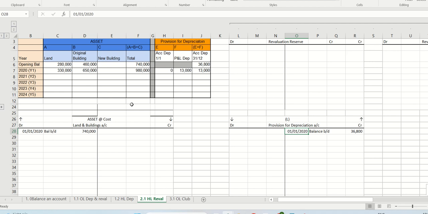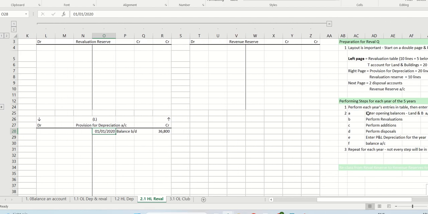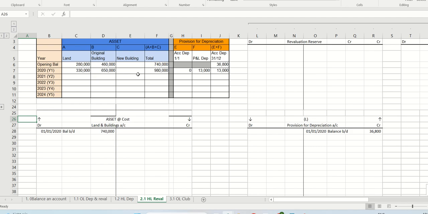Okay, so following our steps now, guys, we entered our opening balances for land and buildings. We're going to perform the revaluation now. So the value of the properties went up from 740 up to 980. So that is an increase of 240,000.